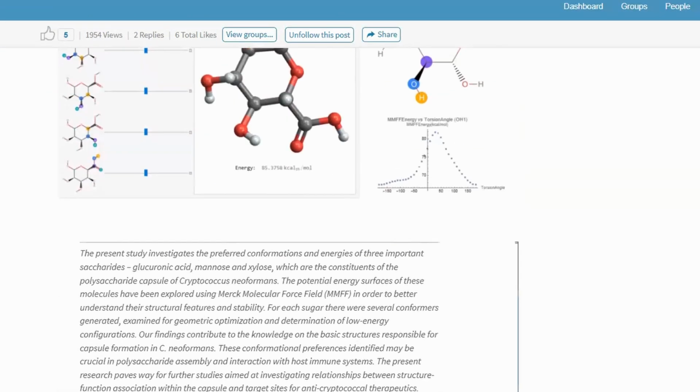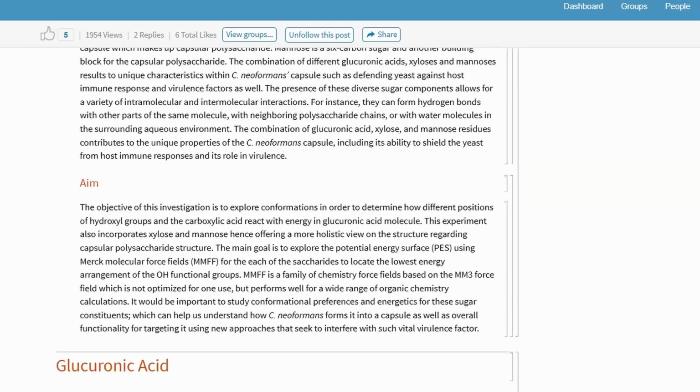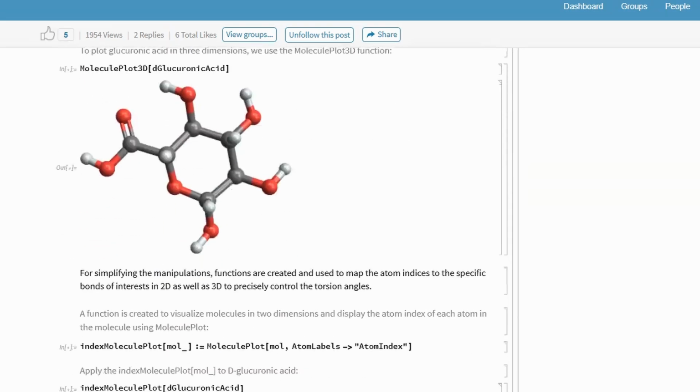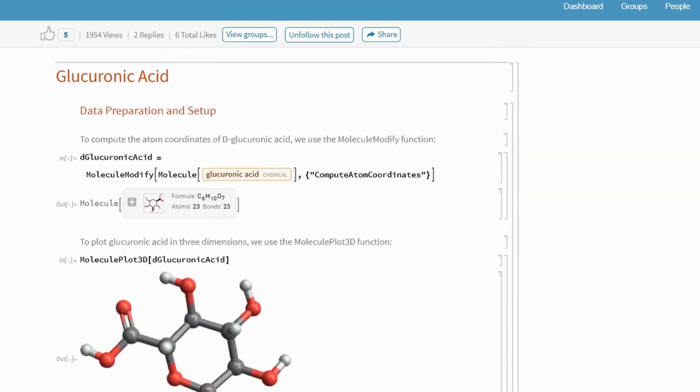This is the brief abstract that we have here. We look at the first monosaccharide, that's glucuronic acid, and this is one of the most critical components of the Cryptococcus neoformans capsule. Glucuronic acid is a uronic acid derivative structure, and it introduces really unique electronic effects and hydrogen bonding capabilities.